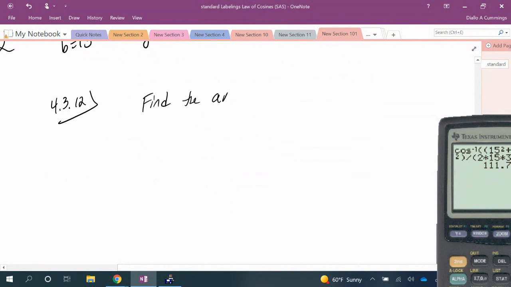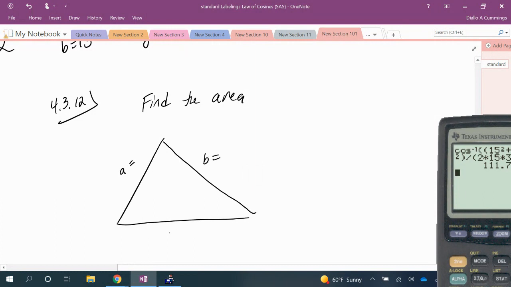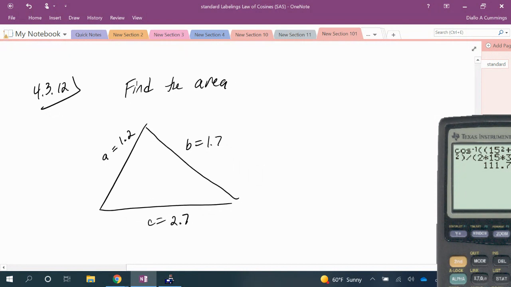Find the area. So this is A, this is B, and this is C, right? So A is 1.2, B is 1.7 and C is 2.7.